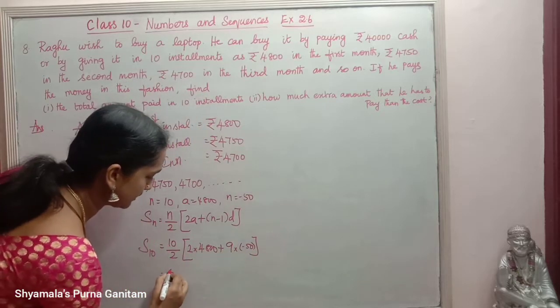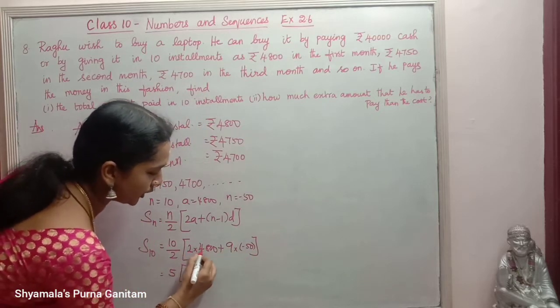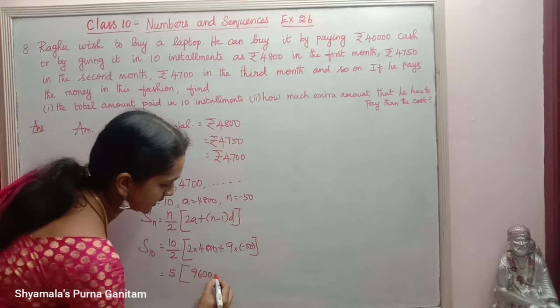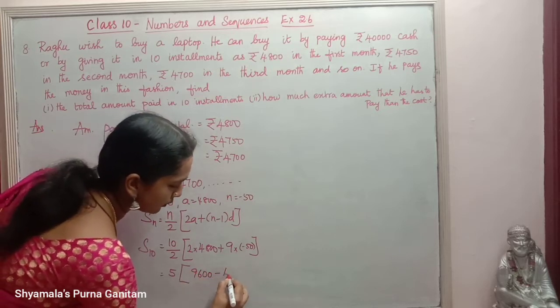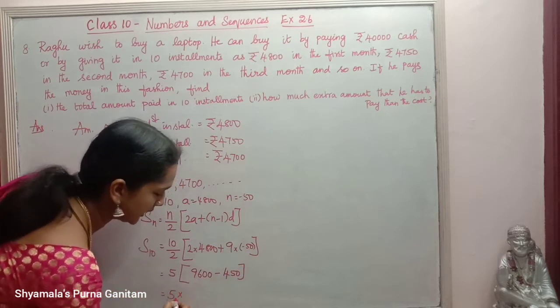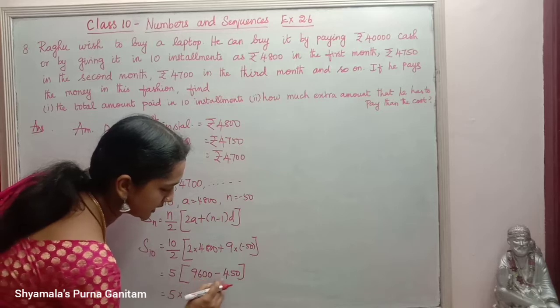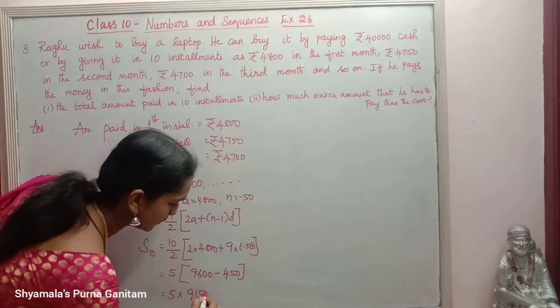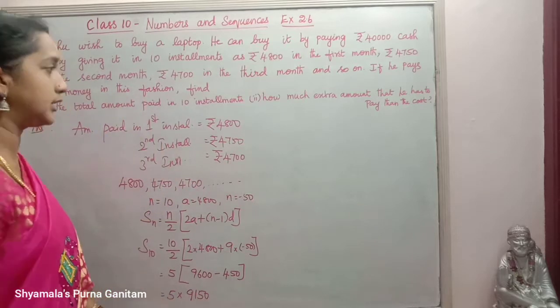So this has to be simplified. 5 into 2 into 4,800 is 9,600, minus 450. So when we simplify this, we get 5 into 9,150.